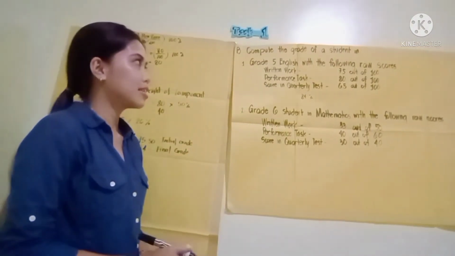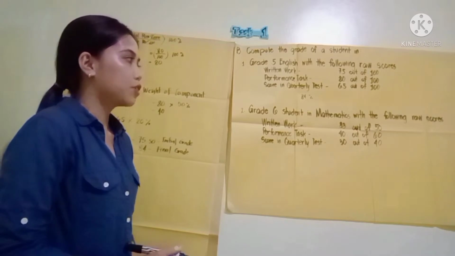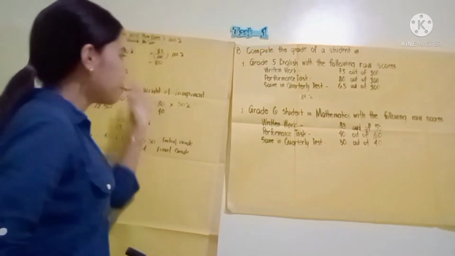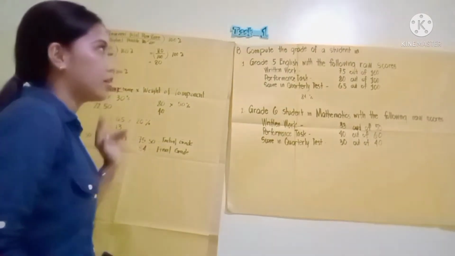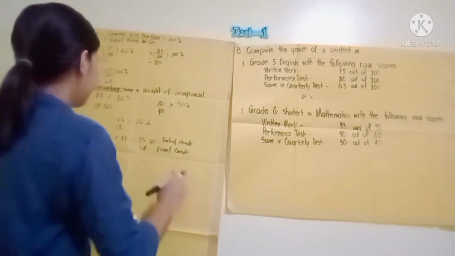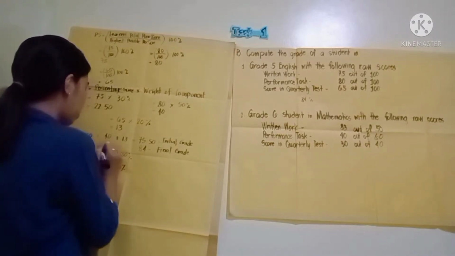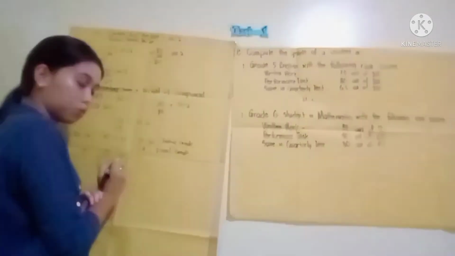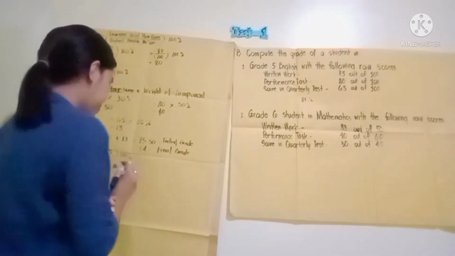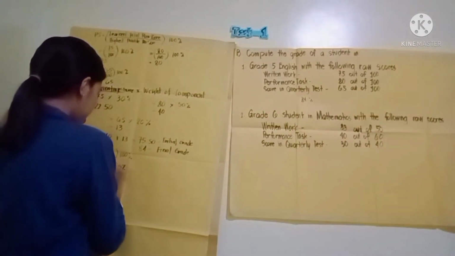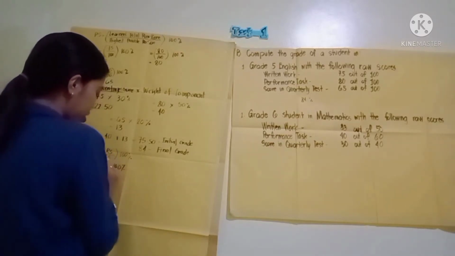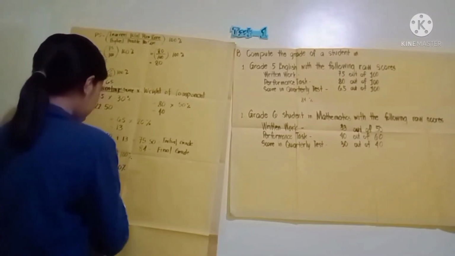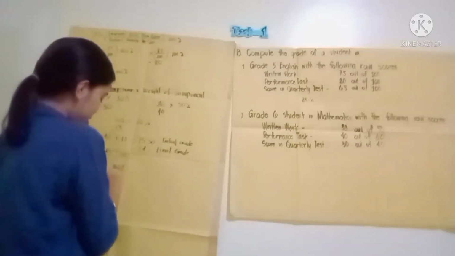So next is getting the grade of the grade 6 student in mathematics with the following raw scores. So the same process that we have done in the first number. PS equals the learner's total raw score over the highest possible score times 100%. So 33 is the learner's raw score over 50 times 100% equals 66.